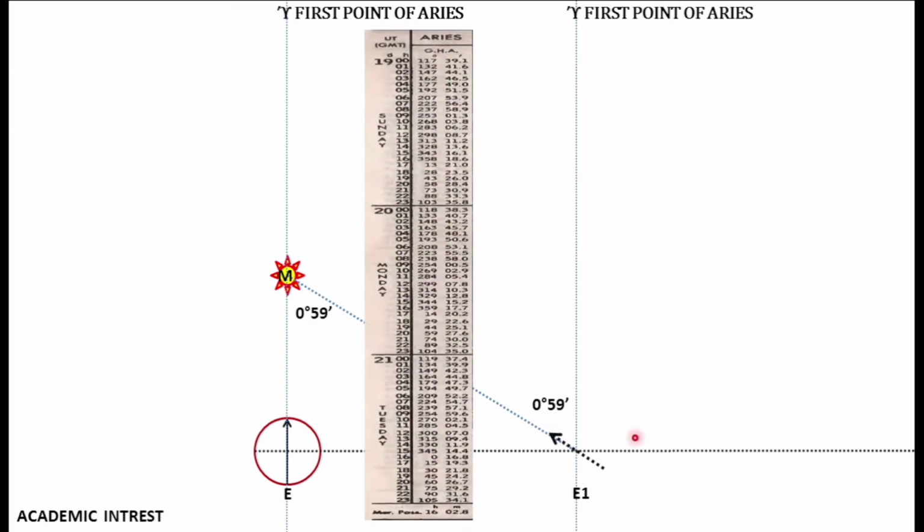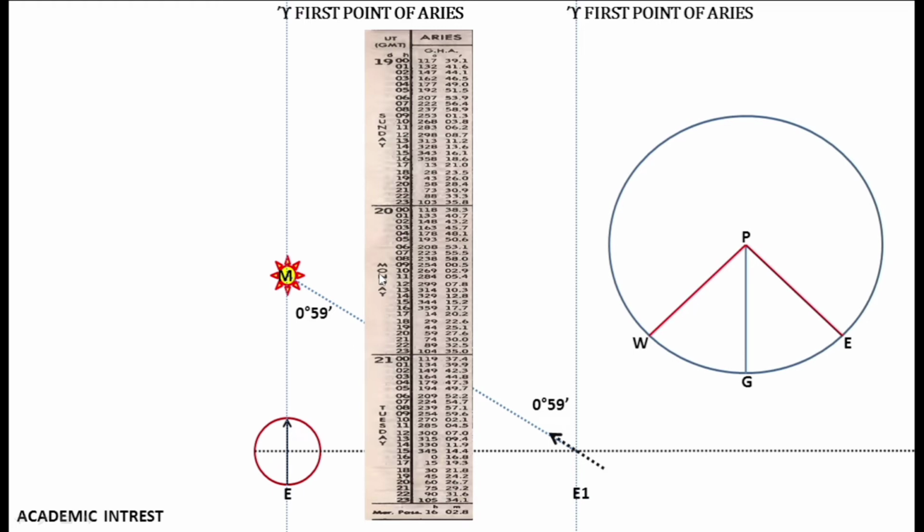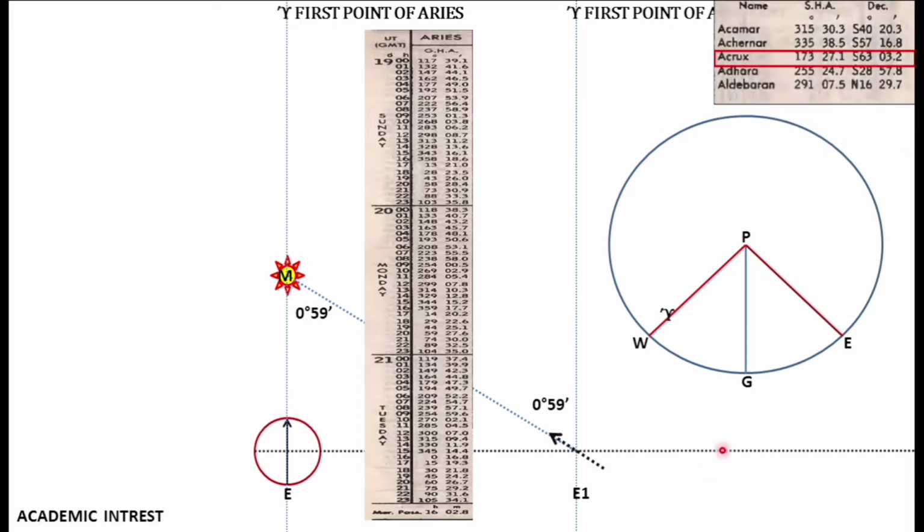Now here you see that meridian passage time is given here. That's for the central day, the middle day. Now I'm just assuming that I am on western longitude here. So this is my LMT meridian passage of Aries. Let's talk about the star Alpheratz here. I've taken this one because its SHA is 173, easy to understand here.